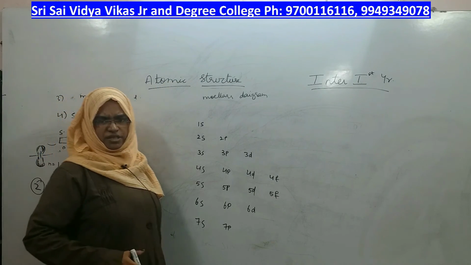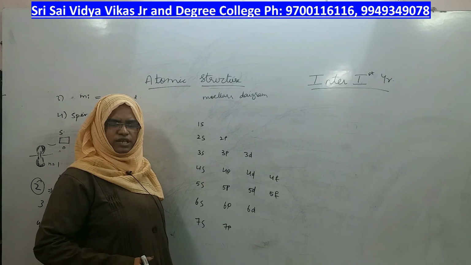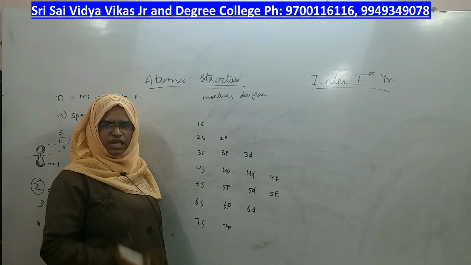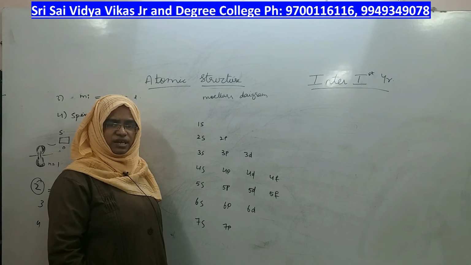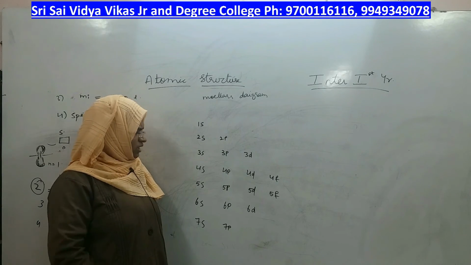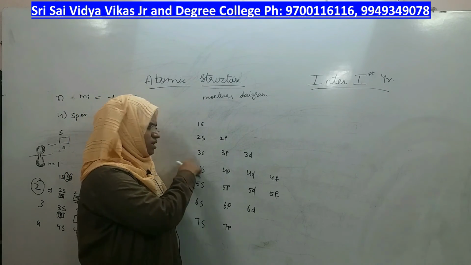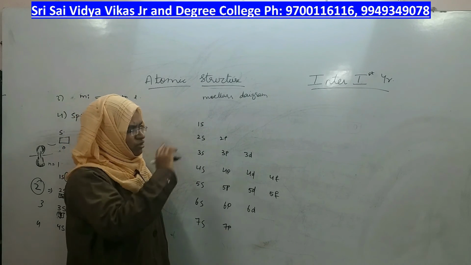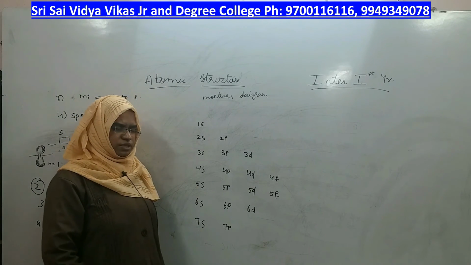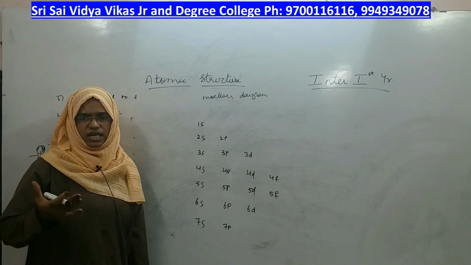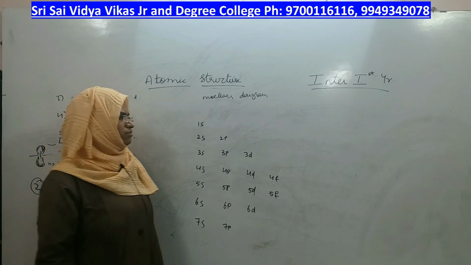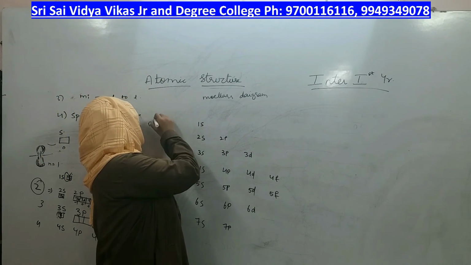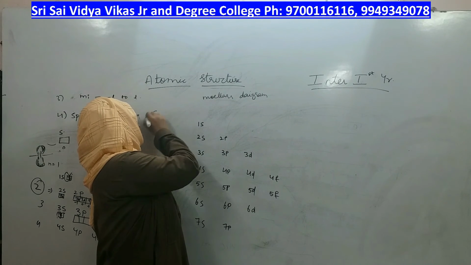By following the previous 3 rules also, you will come across a point in which we will have confusion as to where the electron should go next, right? Whether it should go in the 3rd main shell or the 4th main shell. Even after following Aufbau principle and Pauli's exclusion principle, a violation comes, and that violation can be overcome by following the n plus L rule.